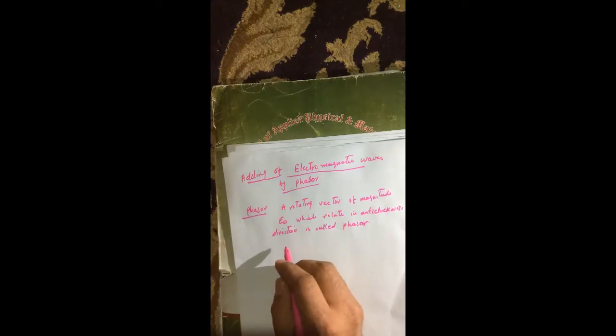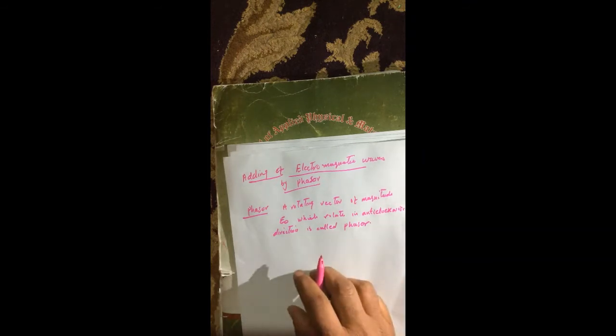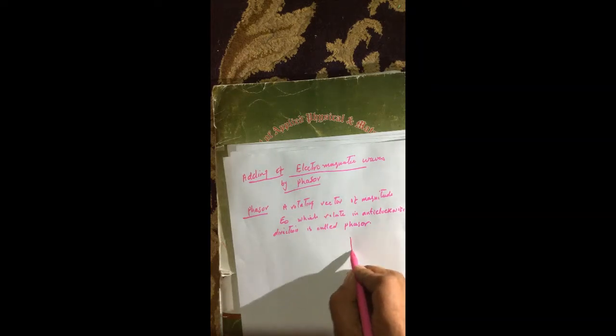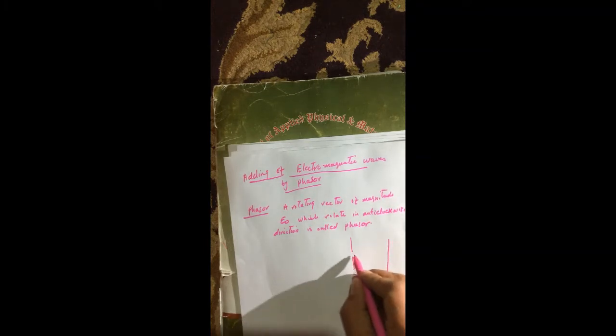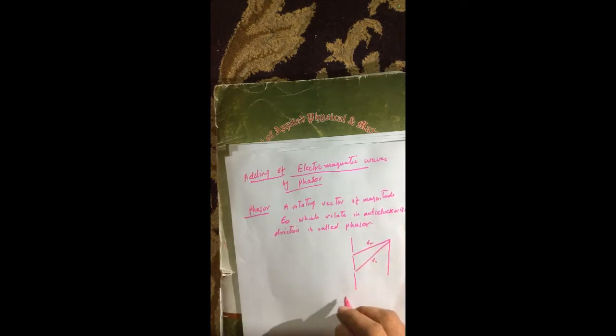Consider two electromagnetic waves at point P in the single slit experiment and the double slit experiment, Young's double slit experiment. Suppose we have two vectors at point P. One is R1 and the other one is R2.